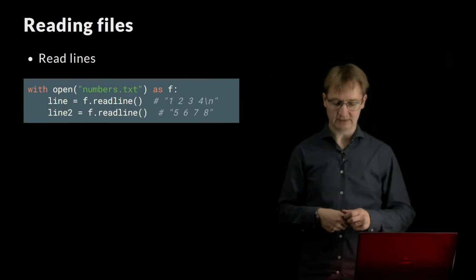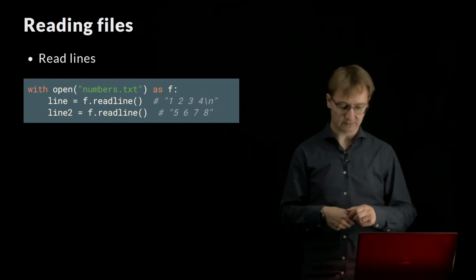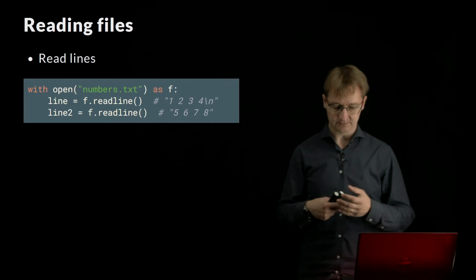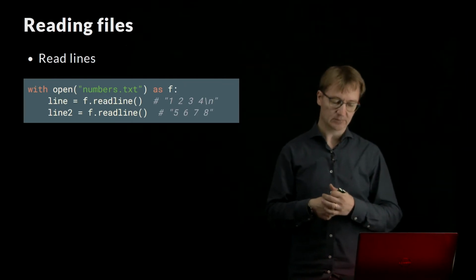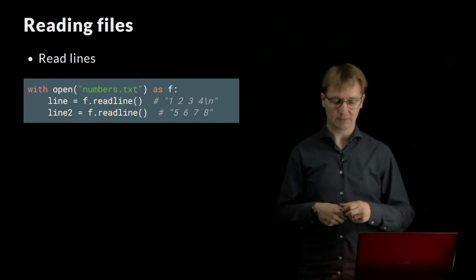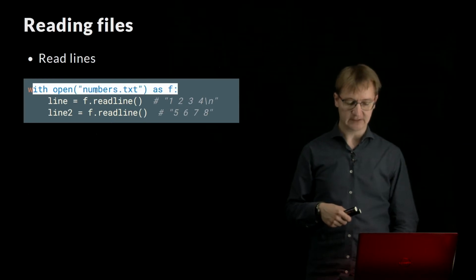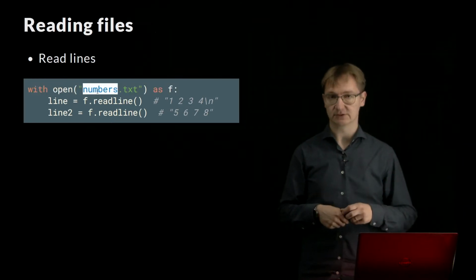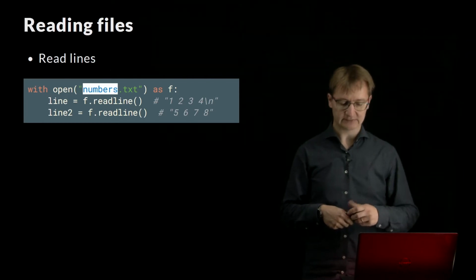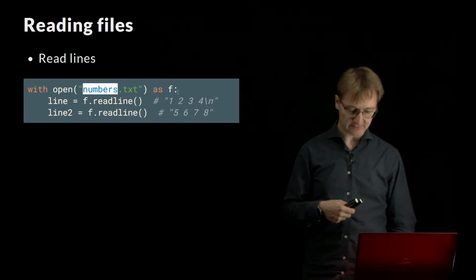To read lines from the file, we can use the readline method from the file object. I will talk about the with command later on, but currently we can say that this first line opens the file. The file name is numbers.txt, and the open file is put into the f variable.